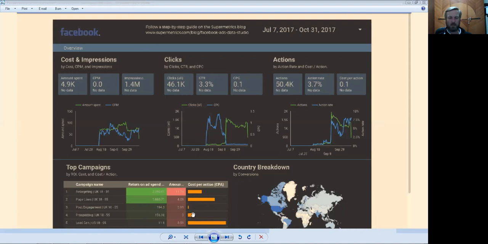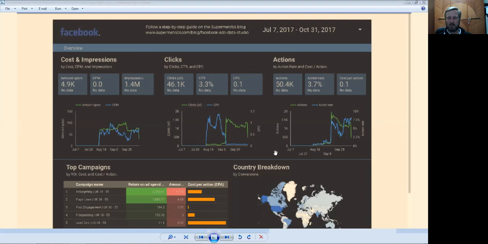Prospecting is also not a lot, but my lead generation, this bothers me a lot. Why is this so high? The only logical thing I might be thinking of is because the rest is in the UK, age groups 18 to 55, but this is in the US, 18 to 55.